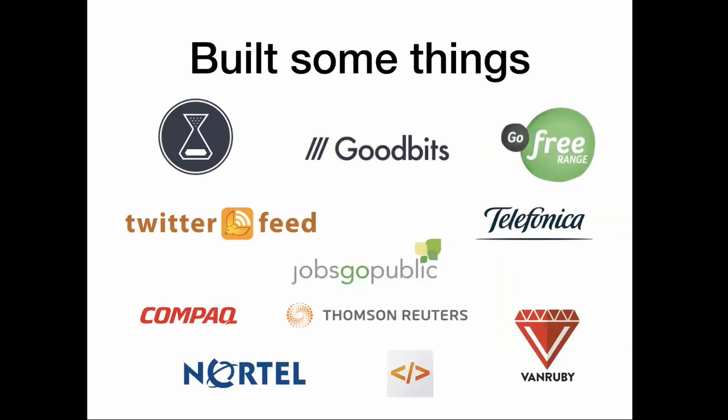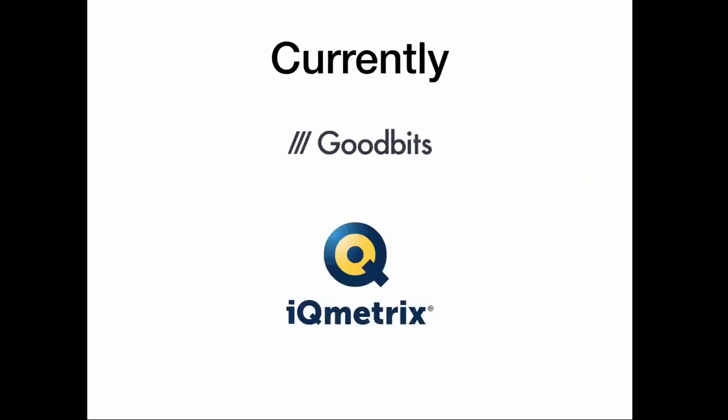I have founded some community efforts, VanRuby being one of them, the Slack YVR group. We pivoted the Ruby Slack group into that, and we grew that. I've done a bunch of other things. So right now, I'm working on GoodBits, which is an email marketing solution for people building curated newsletters. I'm also kind of interim CTO at IQmetrics in town.